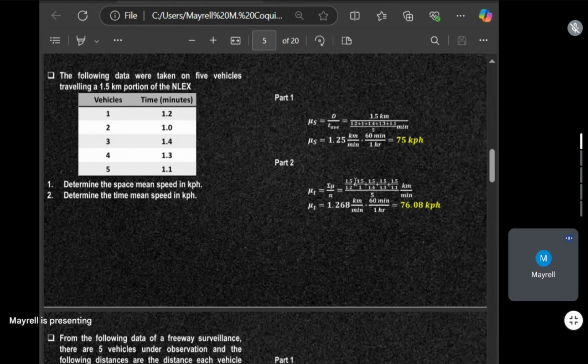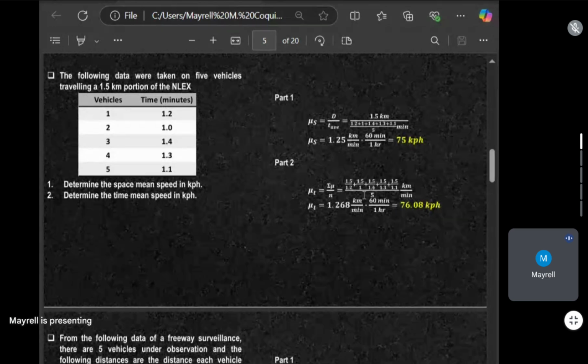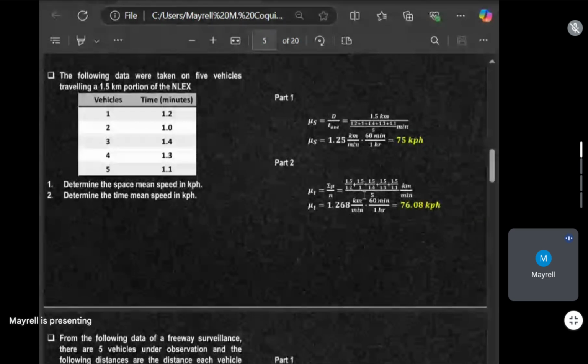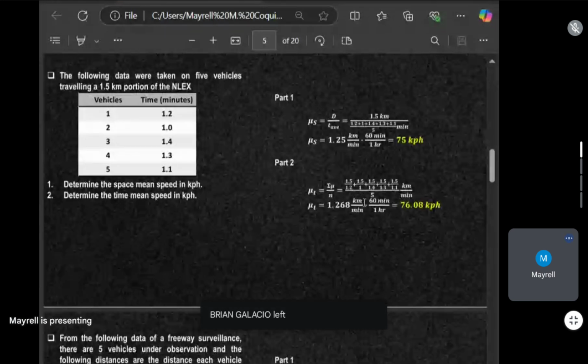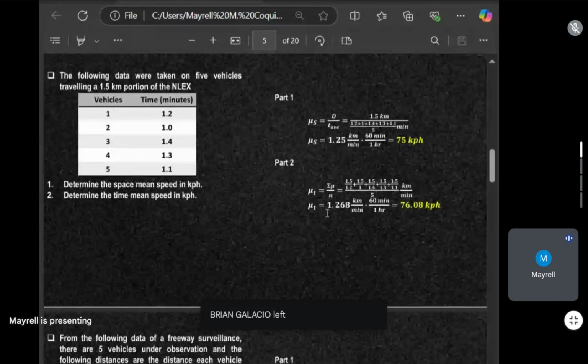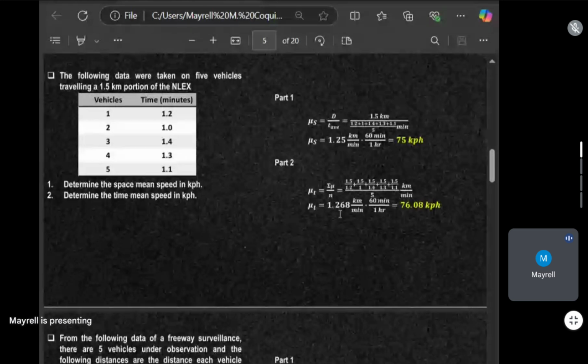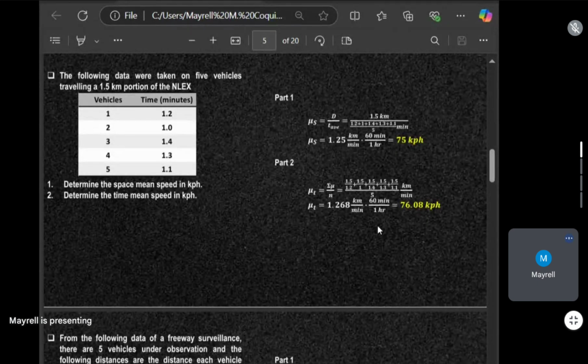So you have 1.5 over 1.2 plus 1.5 over 1 plus 1.5 over 1.4 plus 1.5 over 1.3 plus 1.5 over 1.1, all over 5 for the number of vehicles. So it is 1.268 kilometer per minute, times 60 minutes over 1 hour. Okay, it is 76.08 kph.